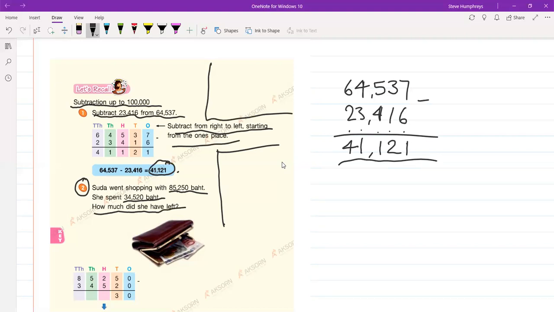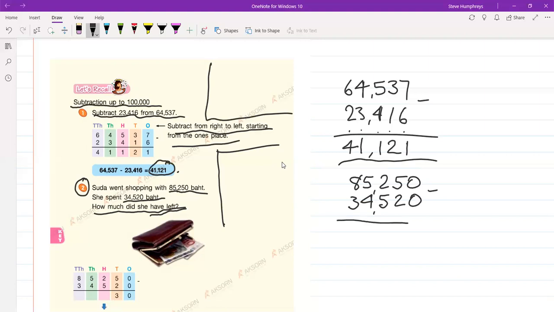Key words. Have left. That's telling you it's a subtraction. Minus. Okay, so she started with 85,250 baht. She spent 34,520 baht.